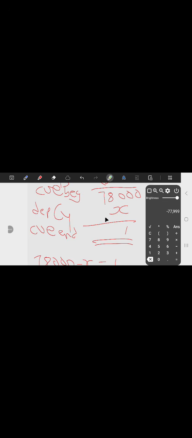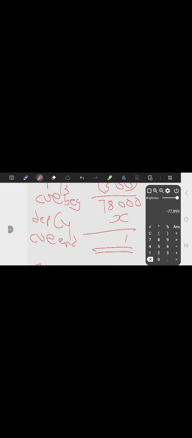This is going to cancel, and we're going to be left with 77,999 is equal to x. So this is what you're going to disclose as your depreciation, 77,999, so that you are left with your 1 rand as your carrying value at the end.